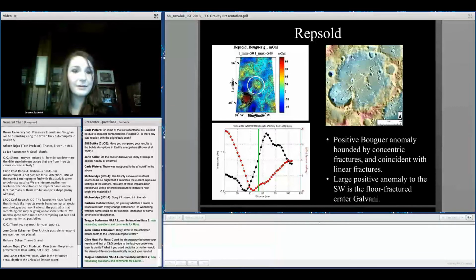I'll also note you can see in the Bouguer map a very high anomaly to the southwest of the crater, and that corresponds nicely to the floor fracture crater Galvani, which is not shown in this, but is in fact located in this region.